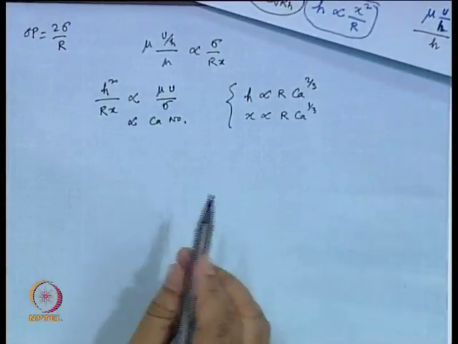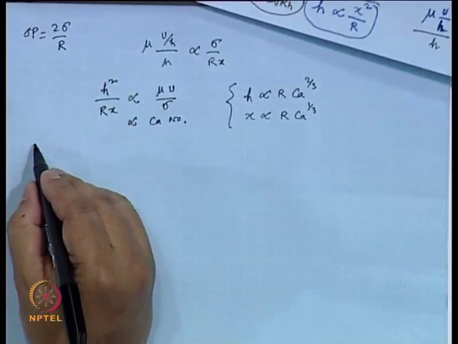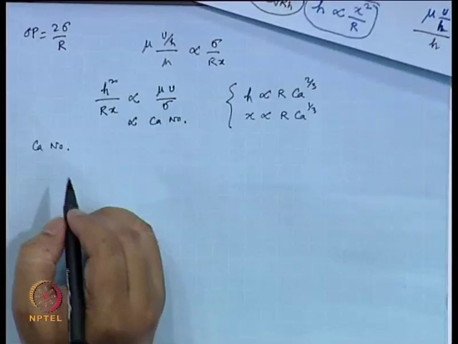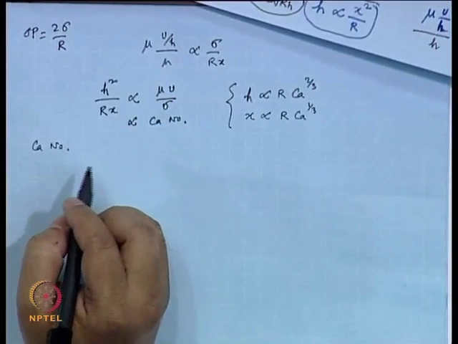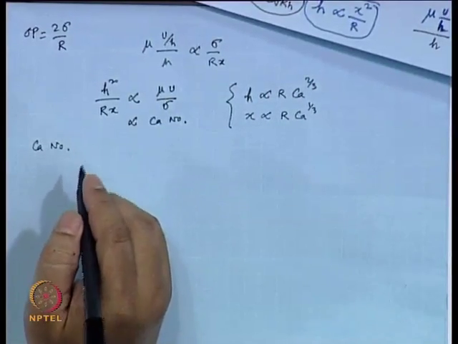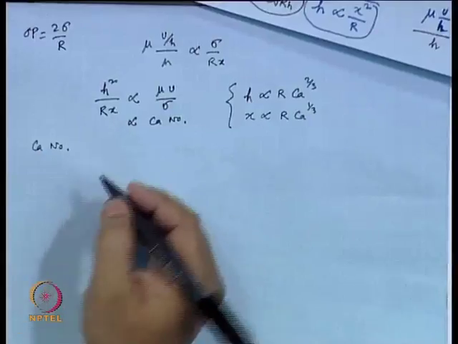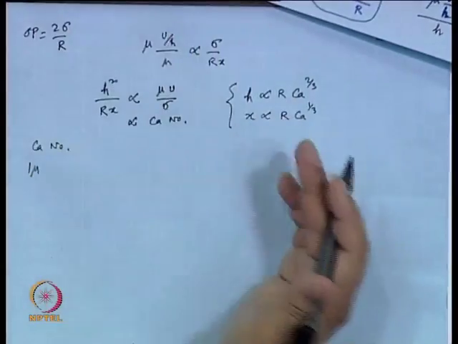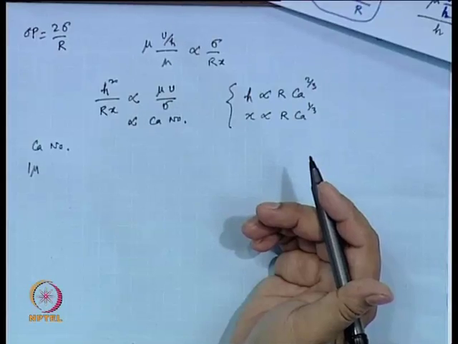What this means is, if somebody knows the capillary number, say for example, for a bubble speed of 1 micrometer, of course it depends on the dimension.